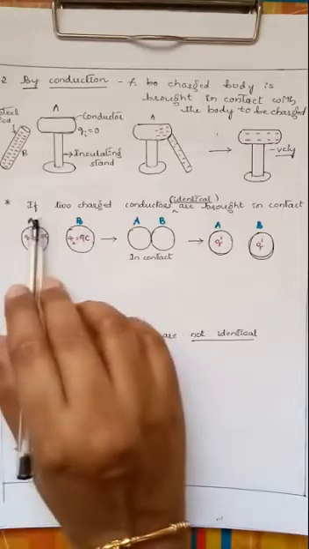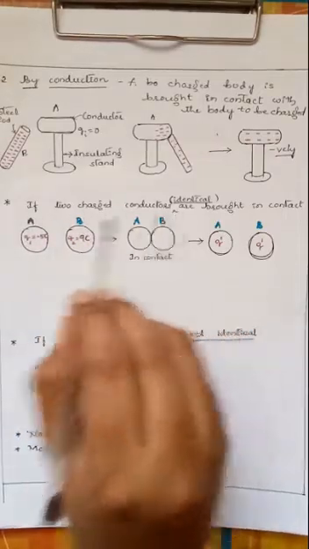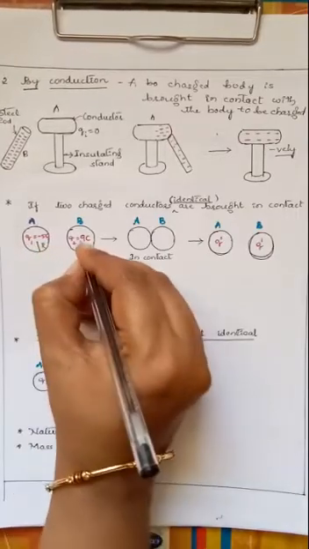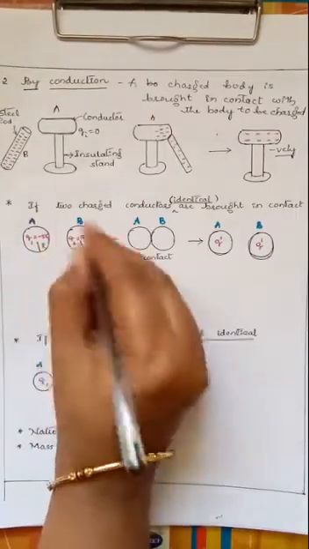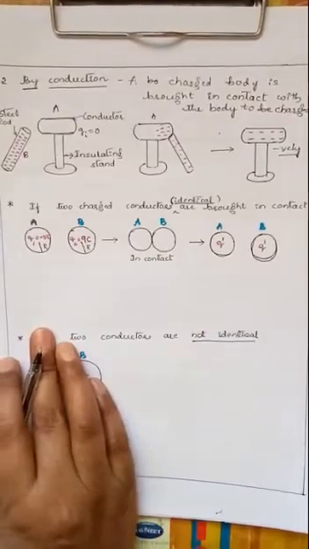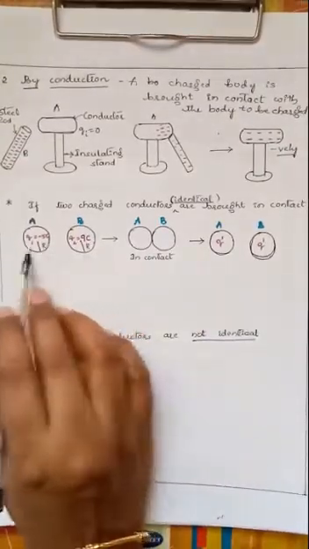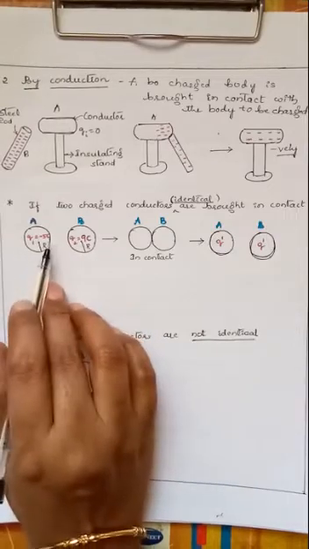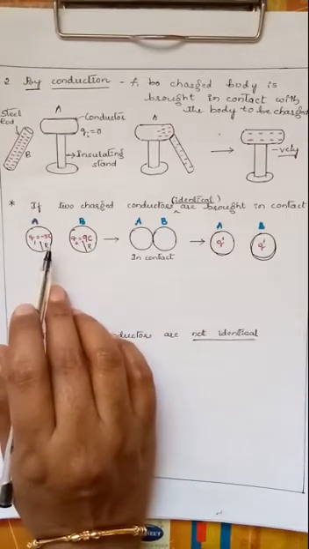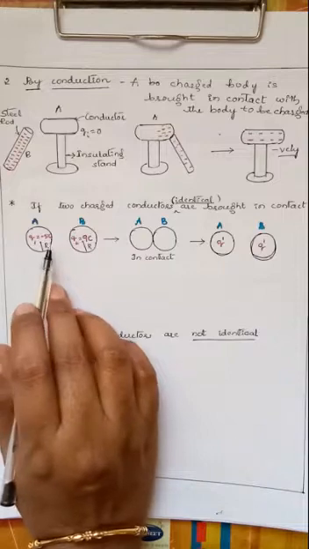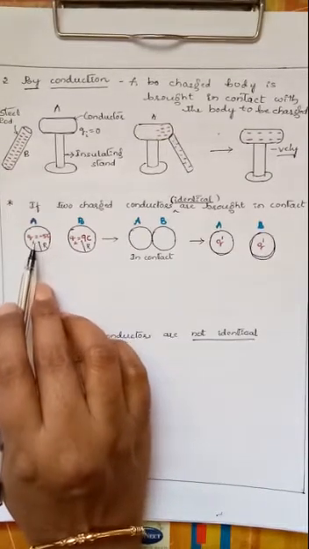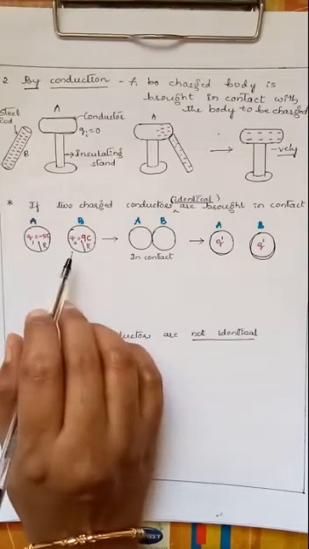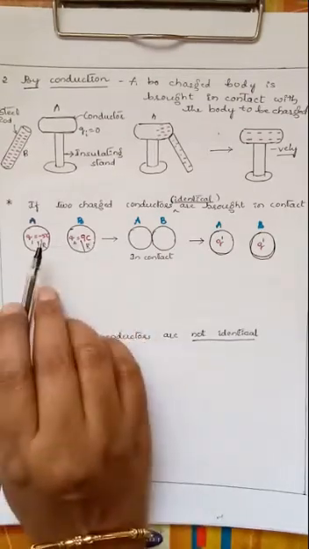What happens if I have two conductors which are identical, of the same radius? Both spherical conductors have the same radius, identical in size, and initially both are charged. Say A has charge minus 5 coulomb and B has plus 9 coulomb. What happens if I carry out the conduction method?